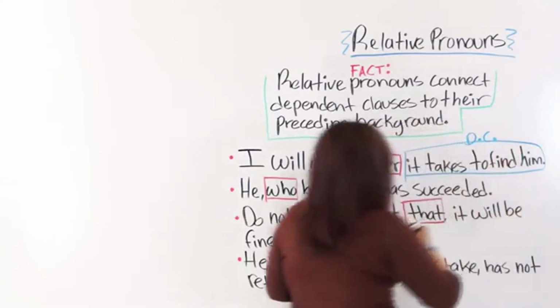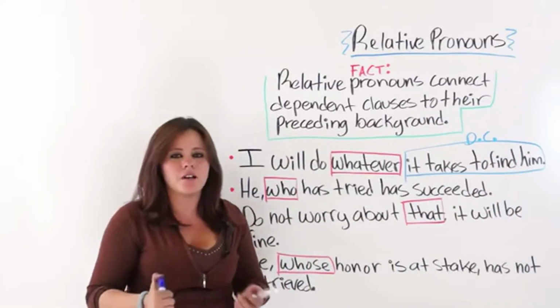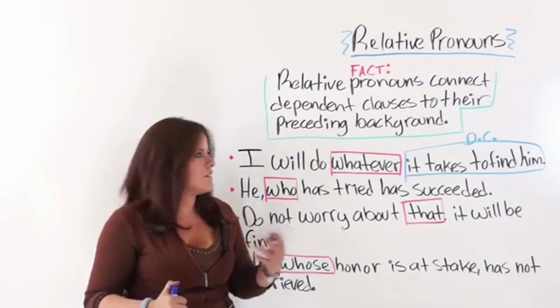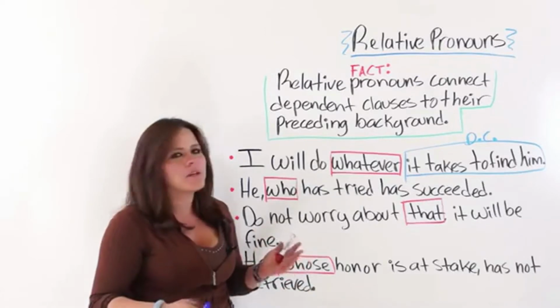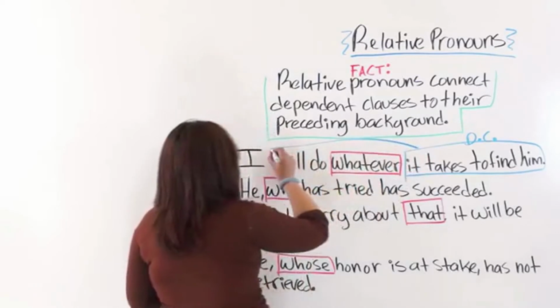Remember, a dependent clause does not make sense by itself, and it cannot be a sentence by itself. That is why it is called a dependent clause, because it depends on this subject here.